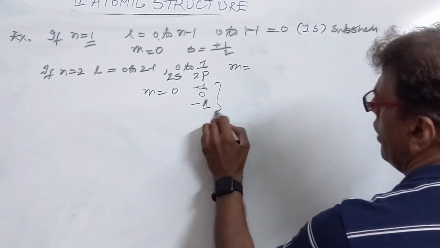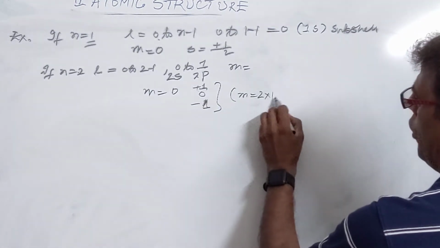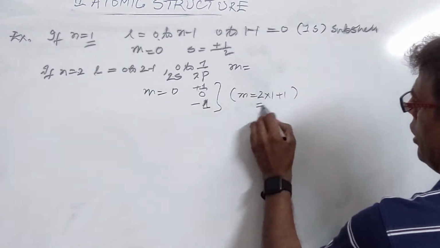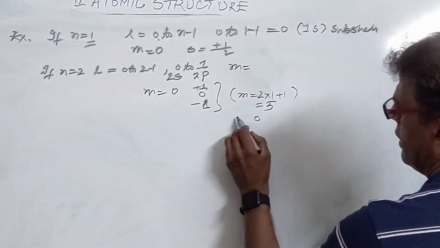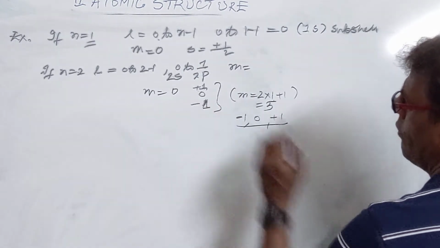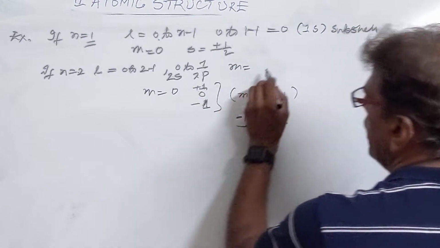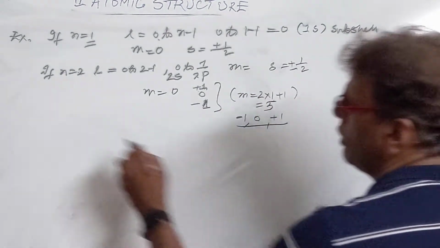So M has three values here. It can be seen by putting this value in formula 2L plus 1. We got three values. Then spin quantum number is either plus half or minus half.